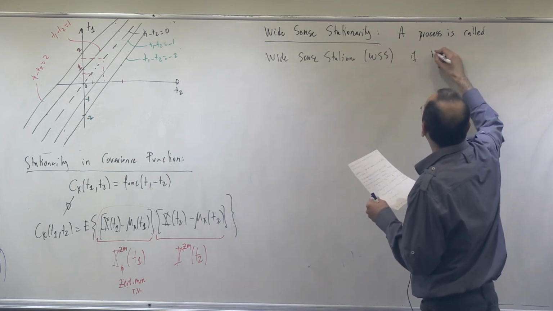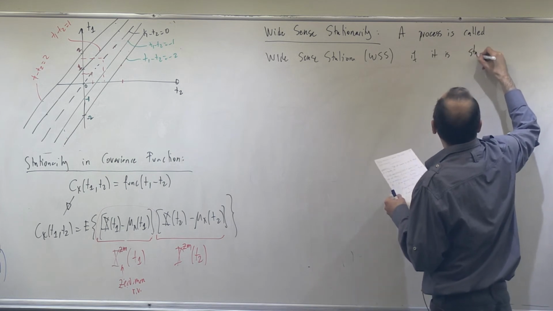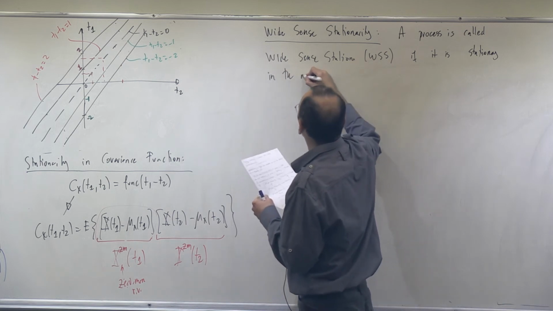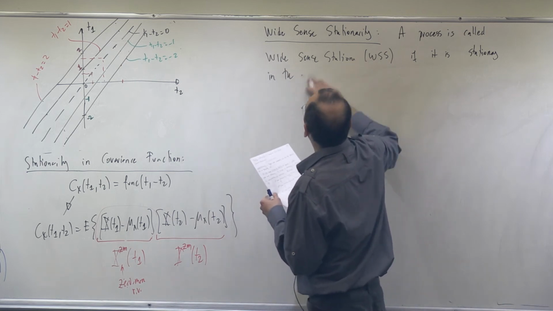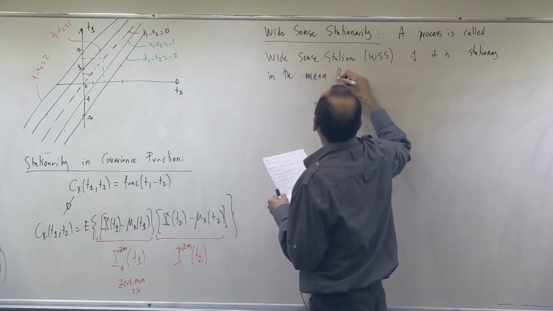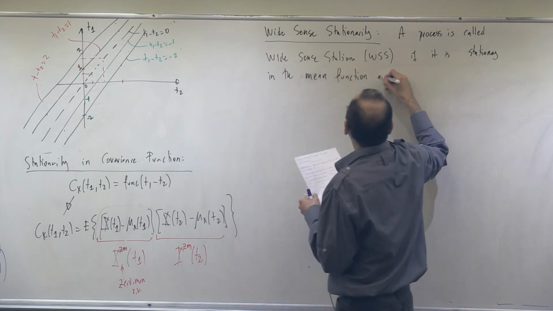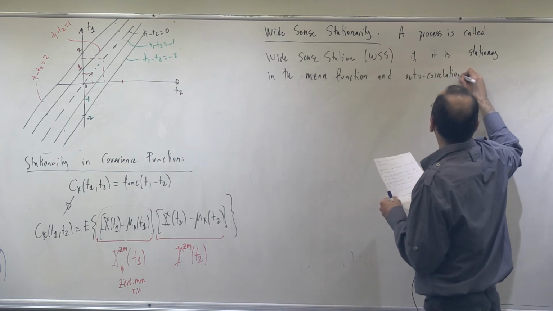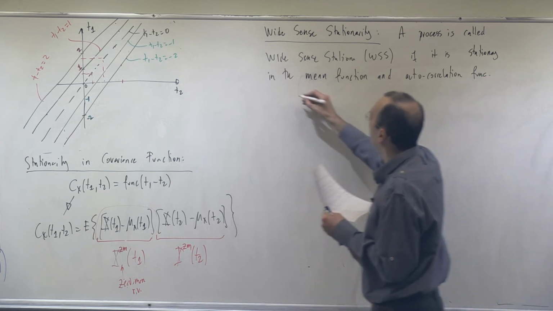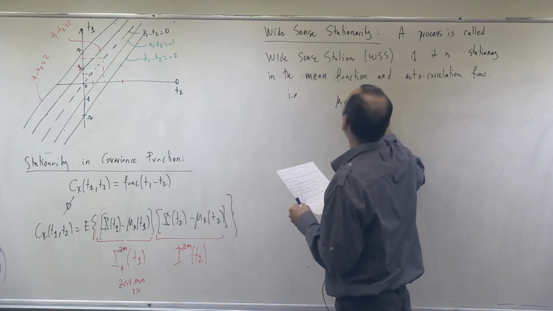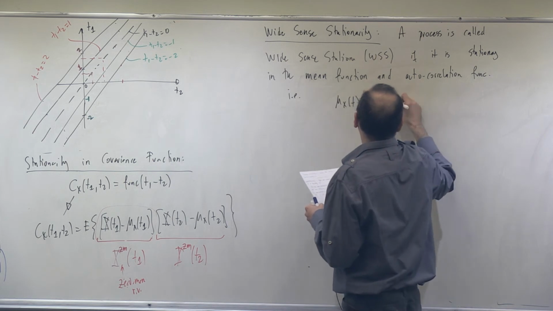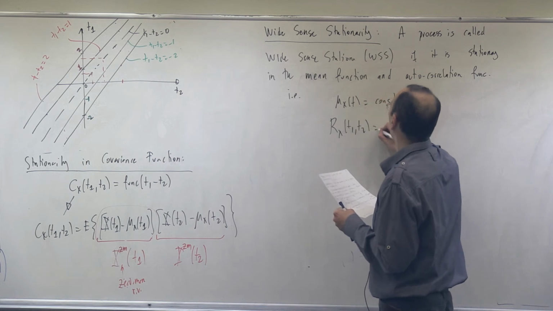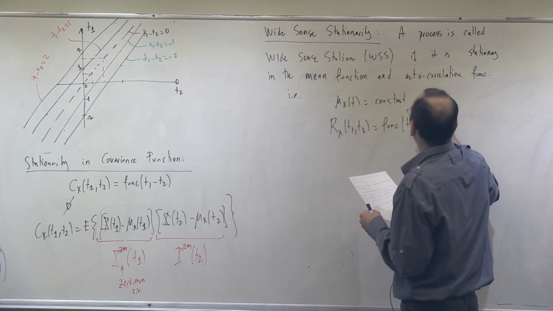if it is stationary in the mean function and autocorrelation function, i.e., mu x of t should be constant, and Rx(t1, t2) should be a function of t1 minus t2.